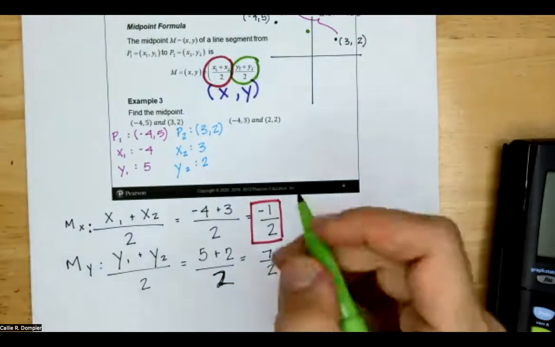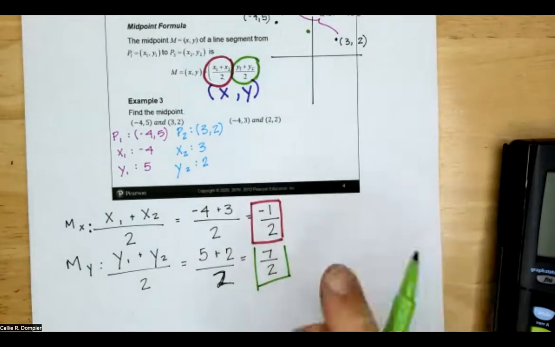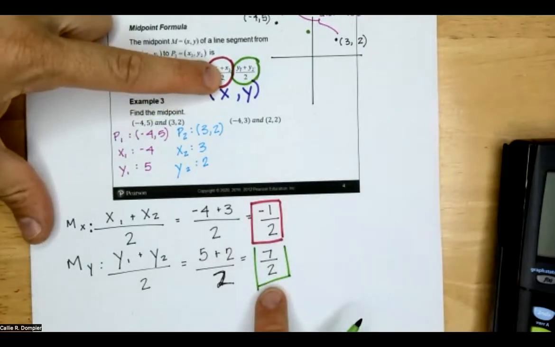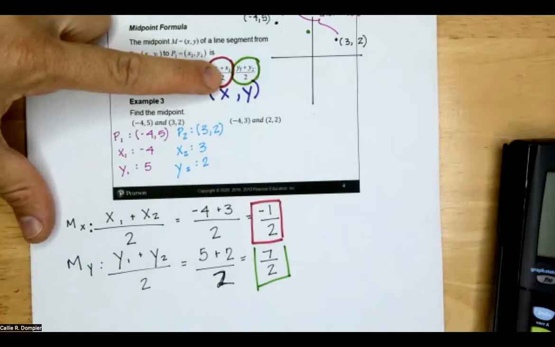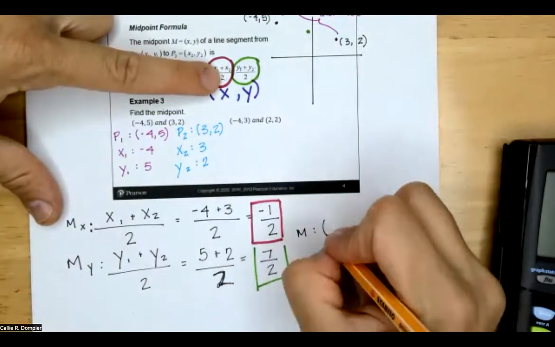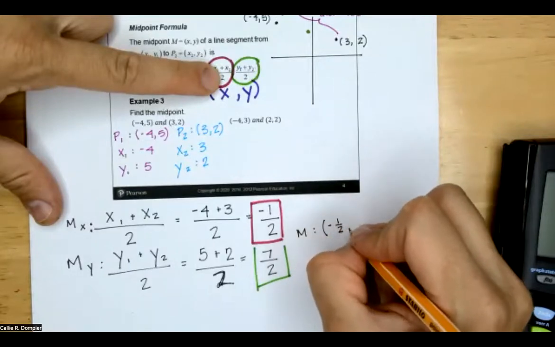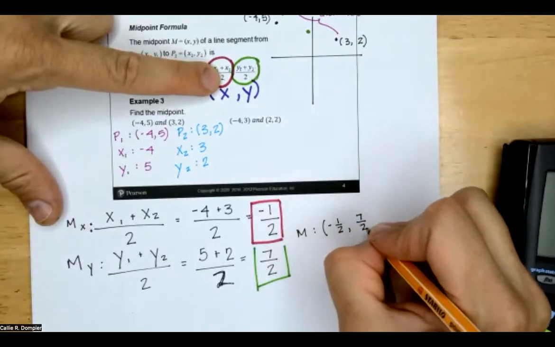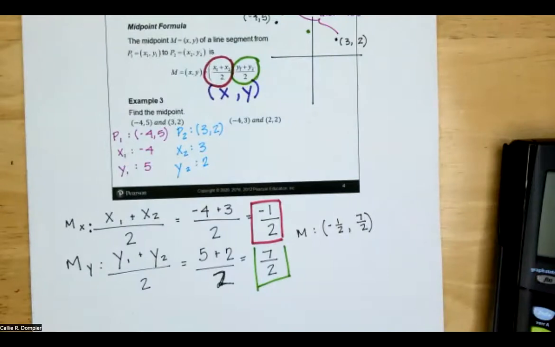Good. So that's the y value of my midpoint. So my midpoint is -1/2, 7/2.